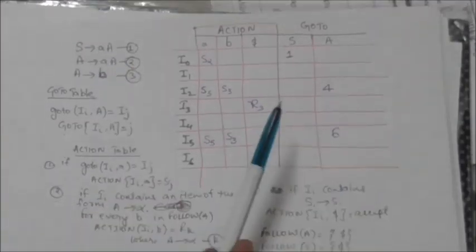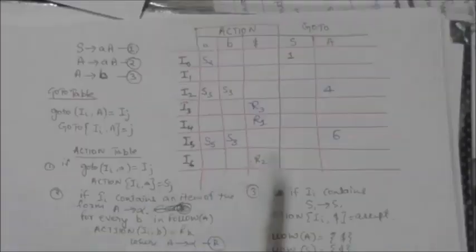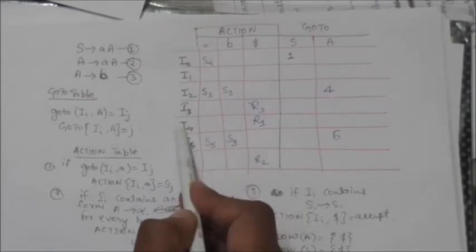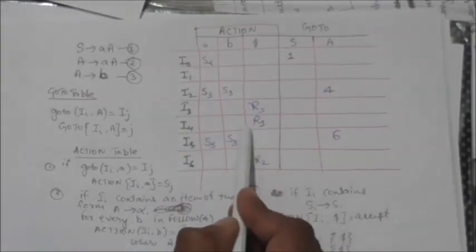So in the I4 row and column labeled by dollar I will write R1.